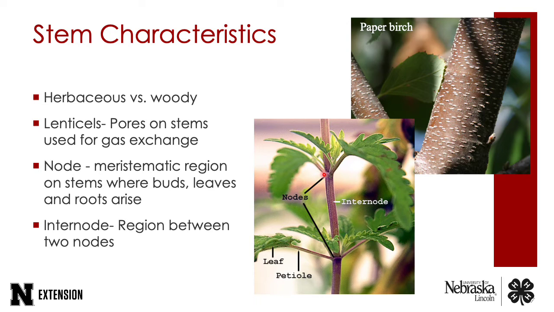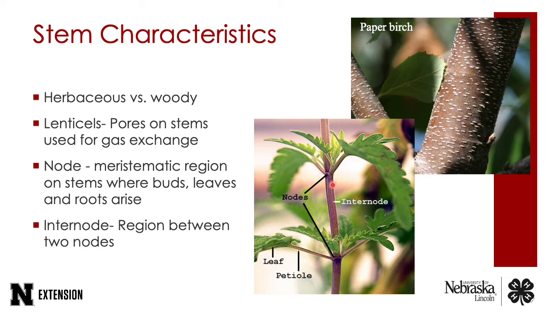This plant happens to have an opposite leaf arrangement, so we have two leaves opposite each other and two shoots opposite each other. So this would be a node. And a node is an area on a stem where the stem has the ability to generate new growth.